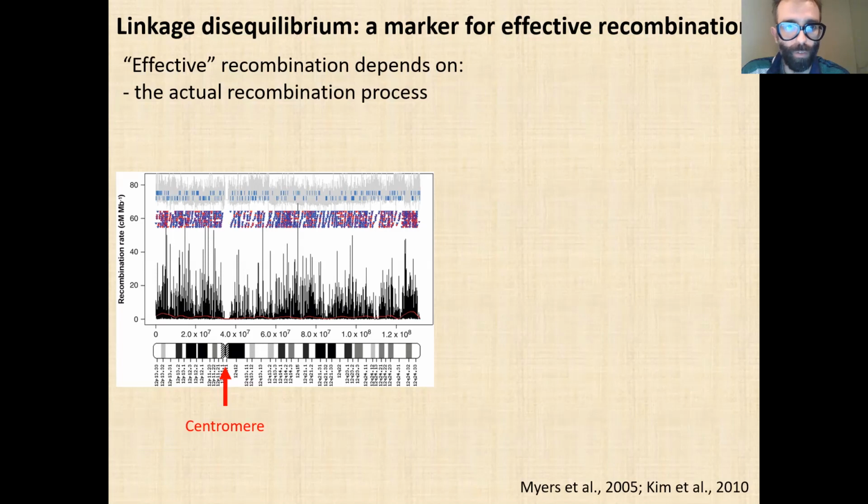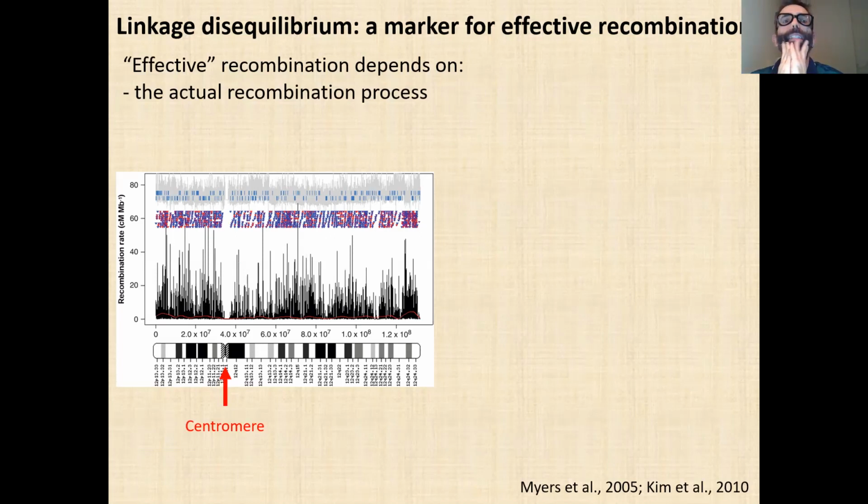If there is a lot of recombination happening between two loci, again, the alleles at these two loci have no chance to be inherited together because there's going to be a lot of crossover and no possible genetic link between them.